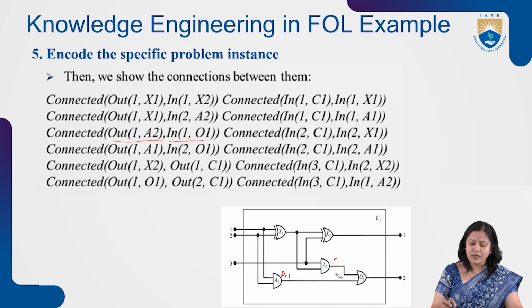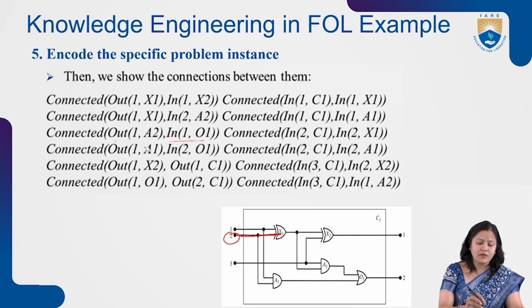Now the next one is given as the second input of C1. Which one is the second input? This is the second input of C1 and the second input of X1. The second input is the overall input to the circuit C1, and it is also the second input to X1. That is what is given in the third statement.